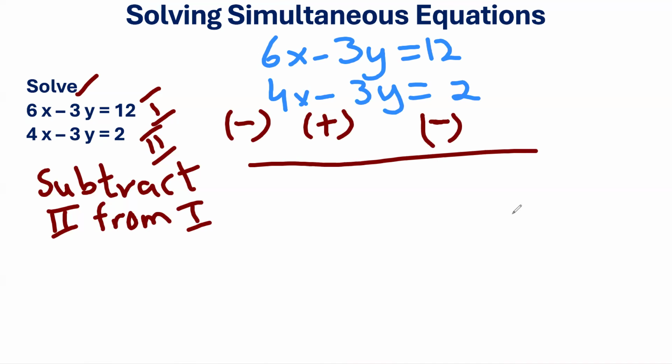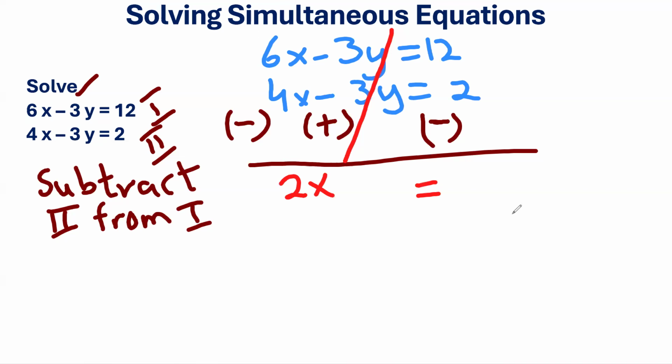Let's try to subtract. Minus 3y plus 3y are cancelled. Again, minus 3y plus 3y are cancelled. Okay, and you got x. 6x minus 4x will give you 2x.